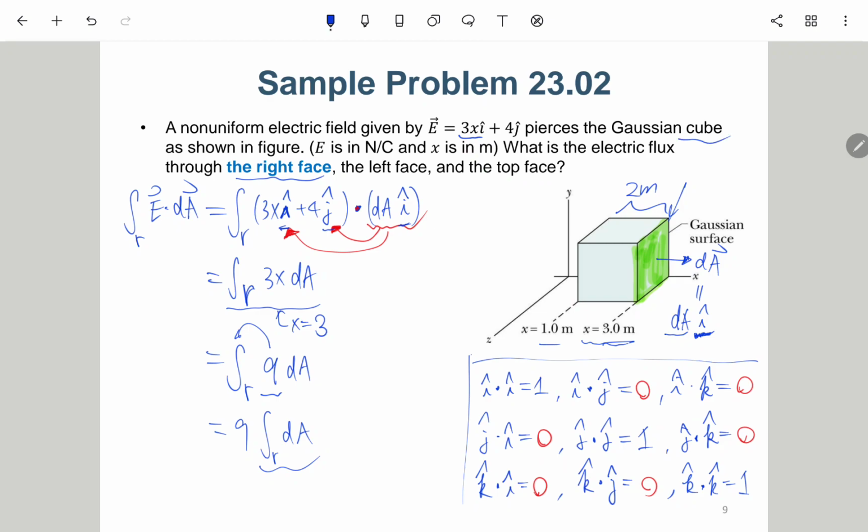This is a cube, so every side is 2 meters, which means the surface area will be 2 times 2, which is 4. So this is 9 times 4, which is 36 Nm squared over C. Okay, so this is the first answer.